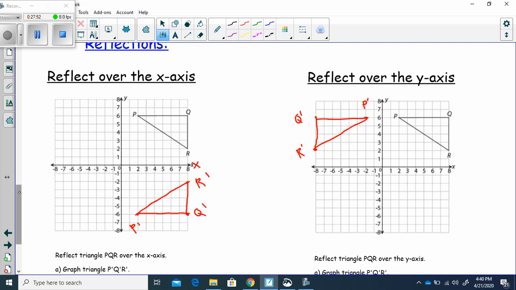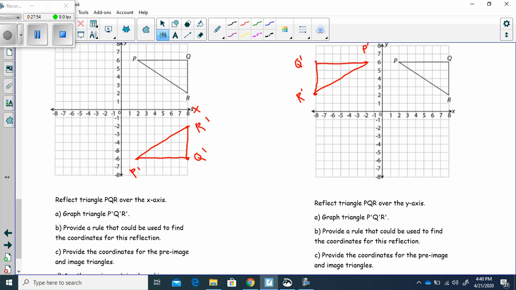Now let's look at the questions we've got. We've graphed the two triangles. Provide a rule that could be used to find the coordinates for this reflection. Well, let's just find the coordinates, and then we should be able to do it. The coordinates for P here, P is at 2, 6. P prime, let's see what P prime's at. P prime is at 2, negative 6. Where's Q?